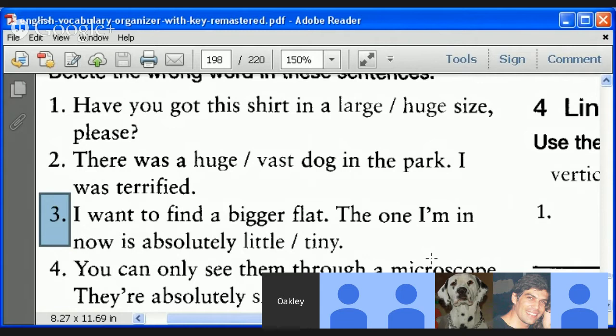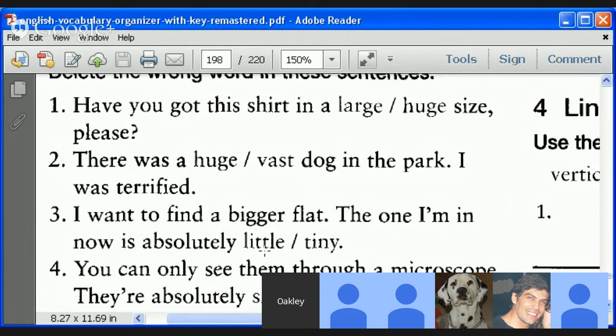Natalia, how about number 3? I want to find a bigger flat. The one I'm in now, it's absolutely little. Okay. Here's a little bit of a tricky thing. With little, we tend to use, maybe we can say really or very. It's really little. It's very little.